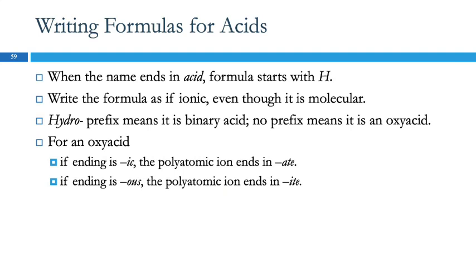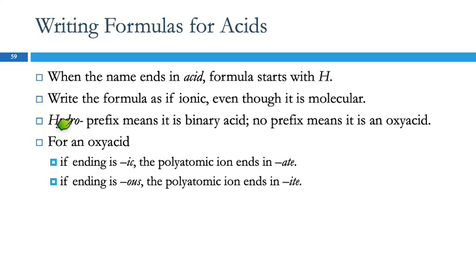We already did this, but here's the instructions. When you have the acid name, it's got "acid" in it, and that tells you this is an acid, so the first element's going to be hydrogen. We write the formula as if it was ionic, even though it's a molecular compound, but it forms ions in solution.